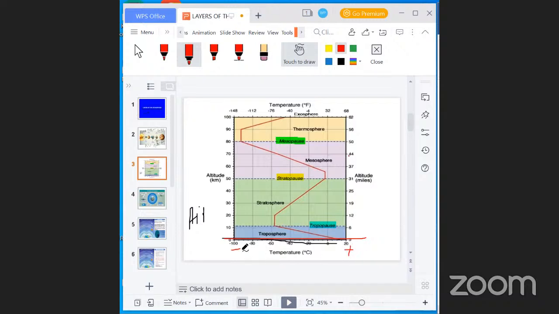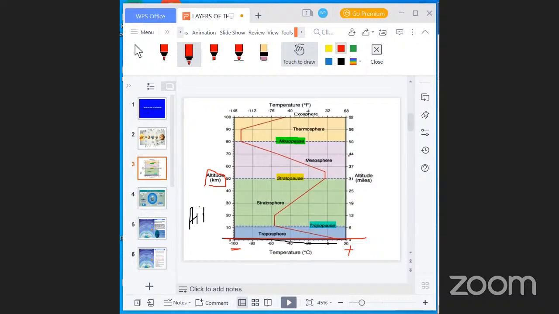The y-axis is height in kilometers, and the increment is 20 kilometers, as you can see here.